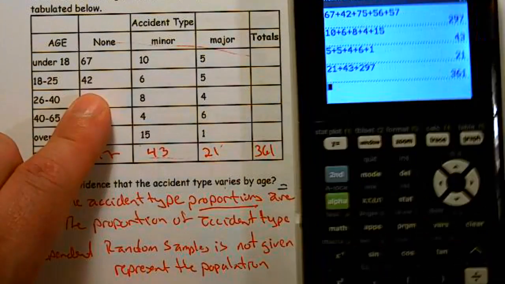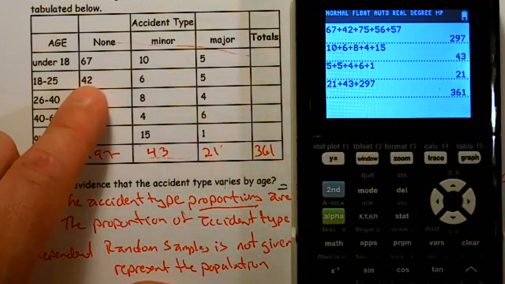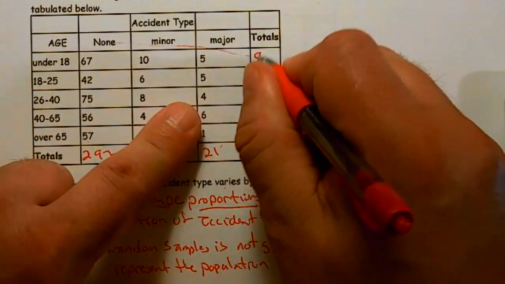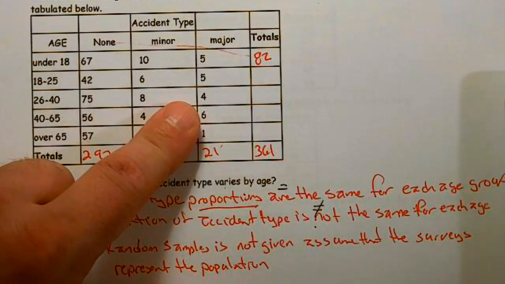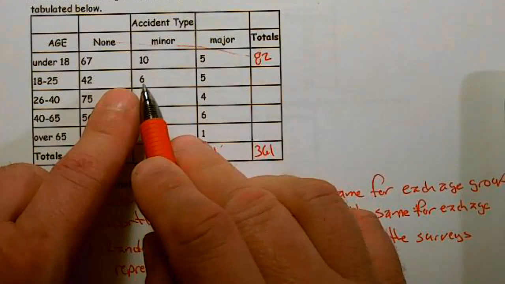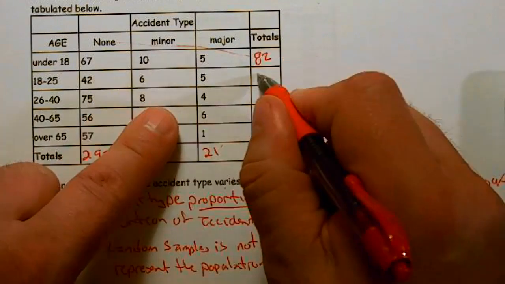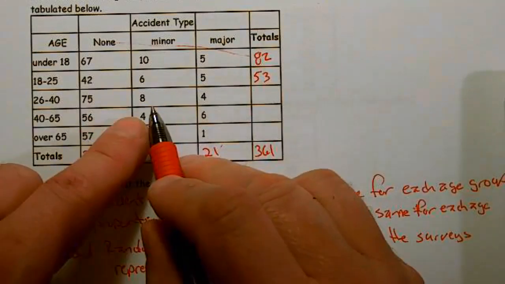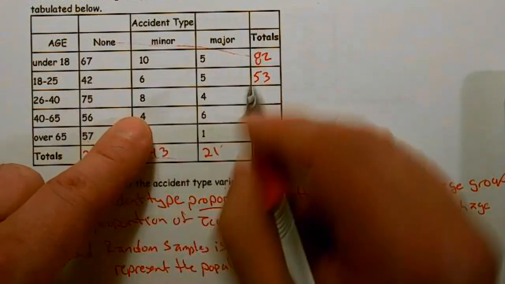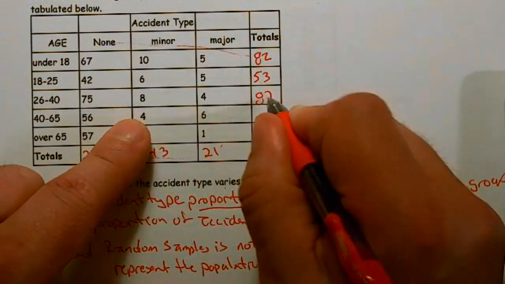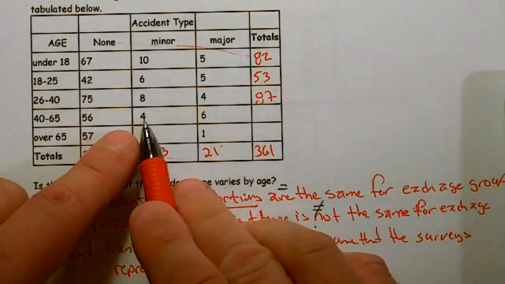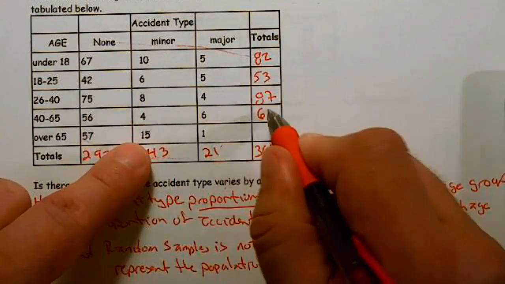And 67 plus 10 is 77 plus 5 is 82. 42 plus 6 is 48, plus 5 is 53. 75 plus 8 is 83, plus 4 is 87. 56 plus 4 is 60, plus 6 is 66.